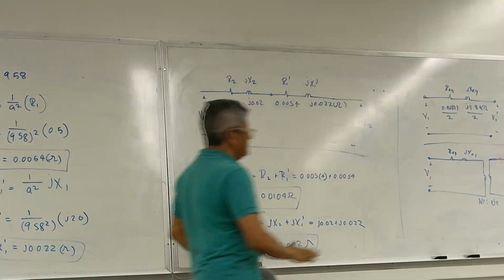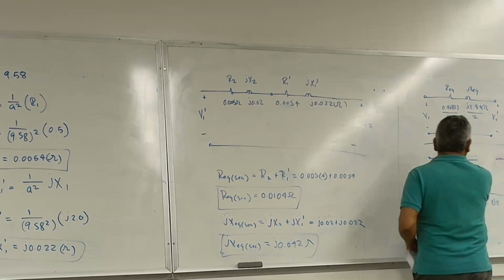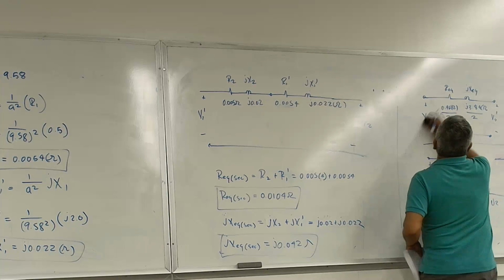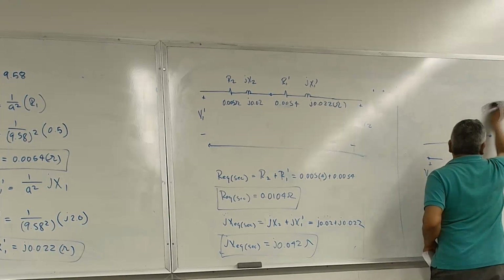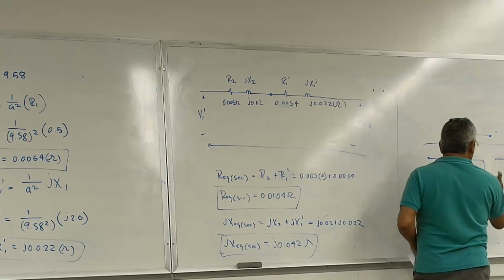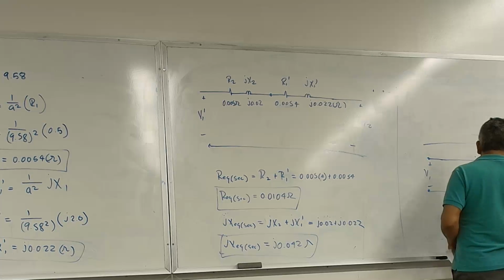All I gotta do now is I can use the same. I'm not gonna use this one, but it's the same thing. Again, I've been lazy. Here is primary, here is secondary.